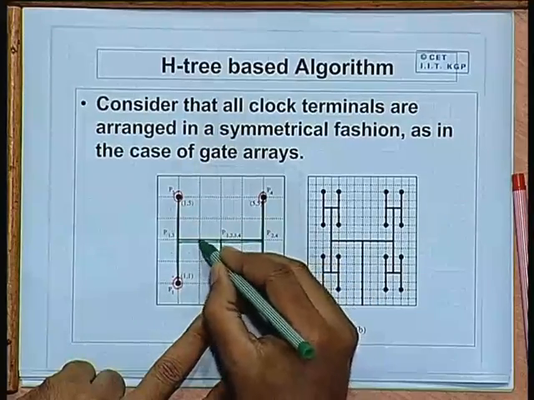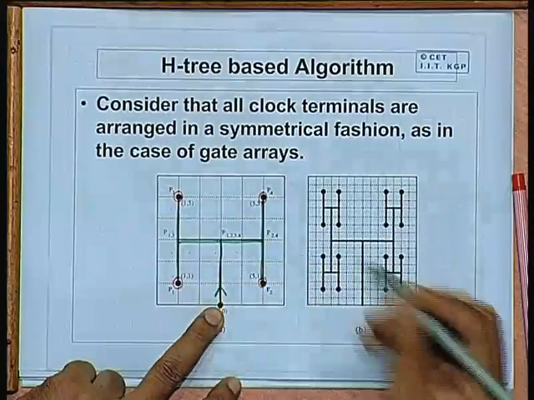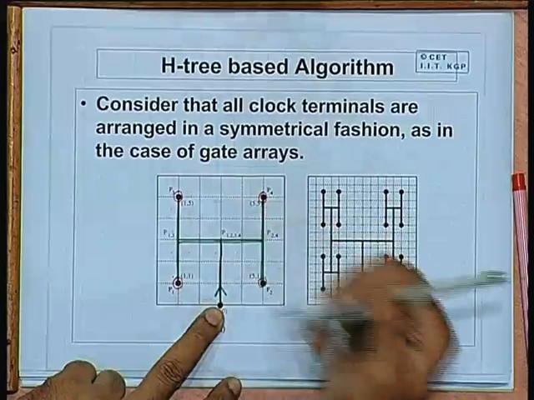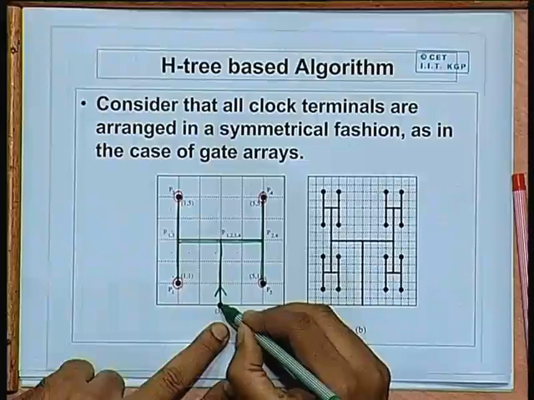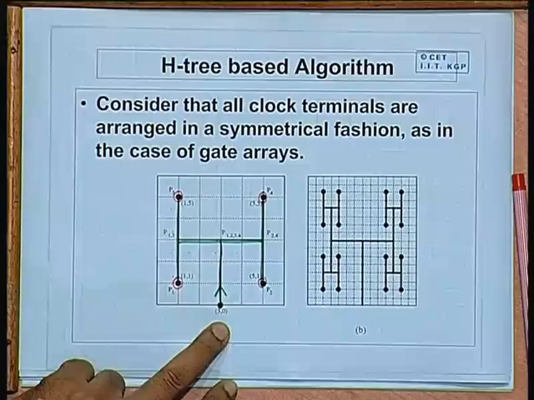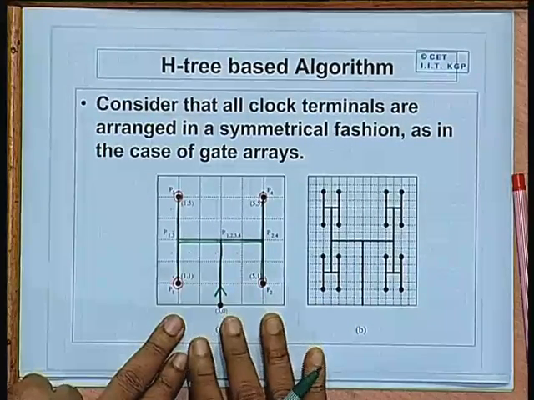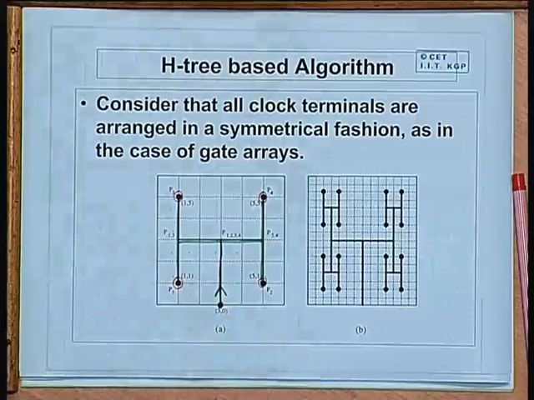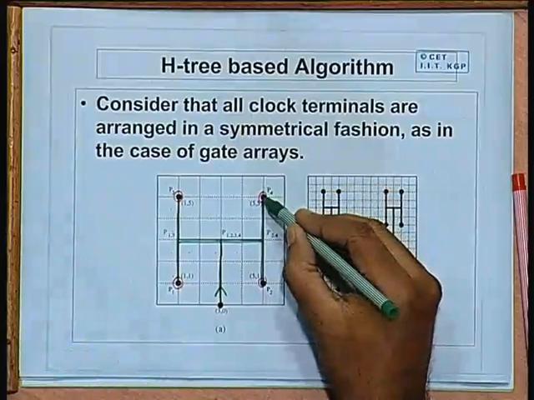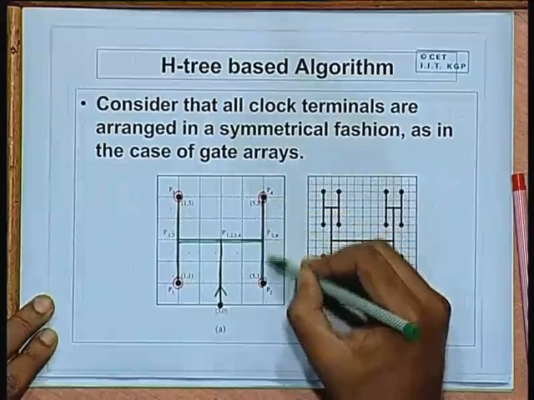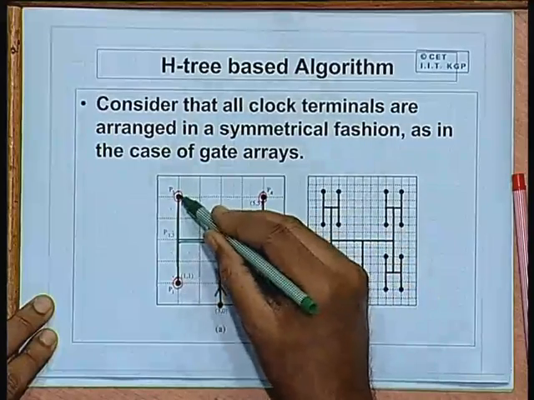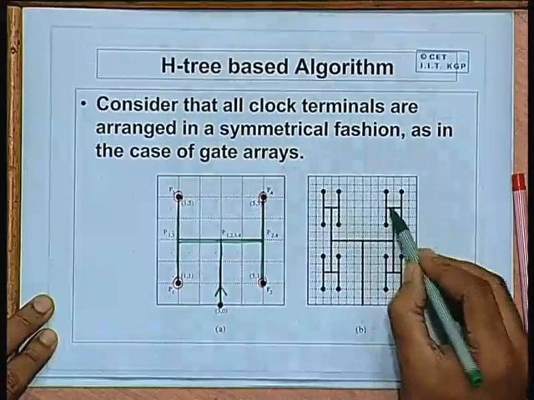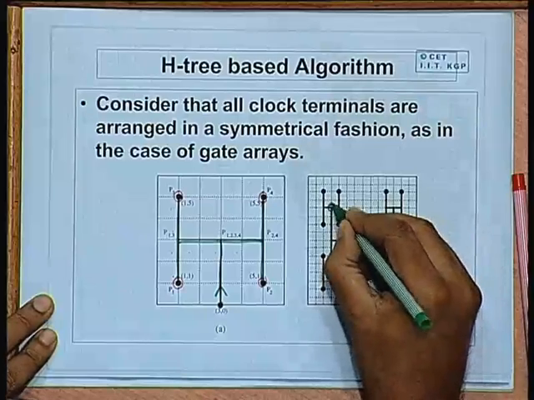So, all the 4 corners of the H, they are at the same distance from the source. This is the first level of iteration. Now, the second level of iteration says, well, now we have been successful in generating the clock in these 4 points. Now, from these 4 points, these are the 4 points.